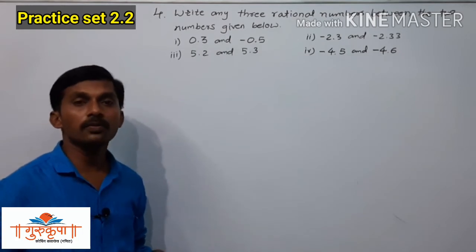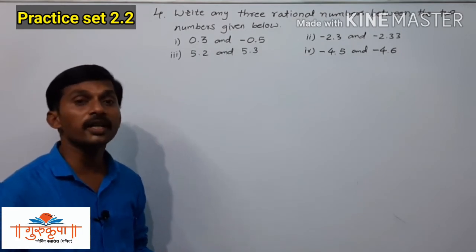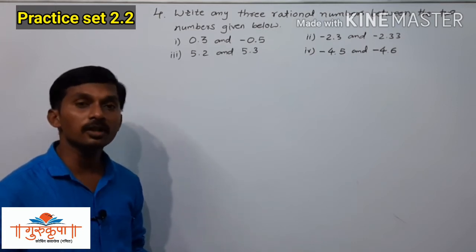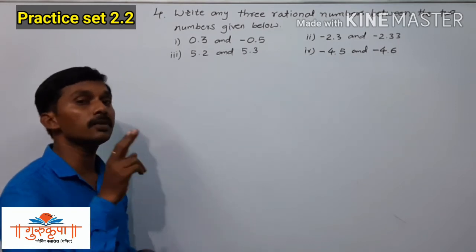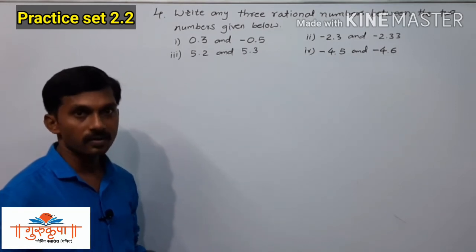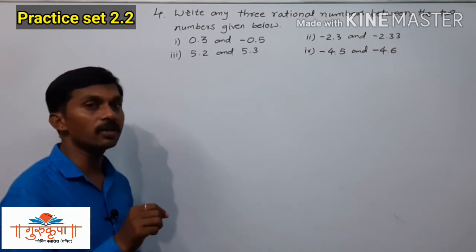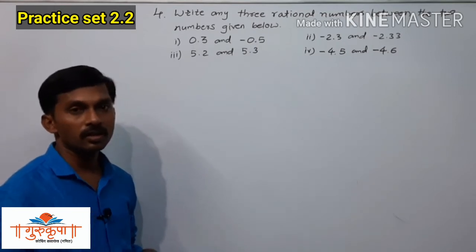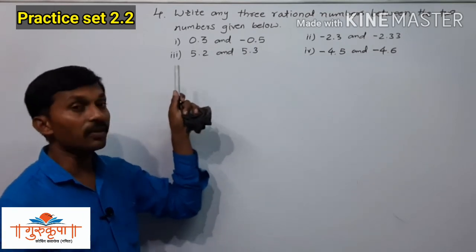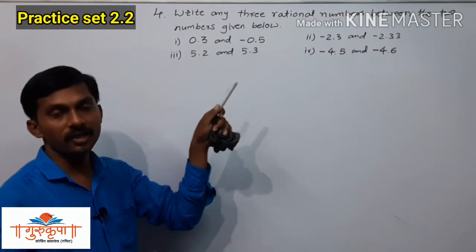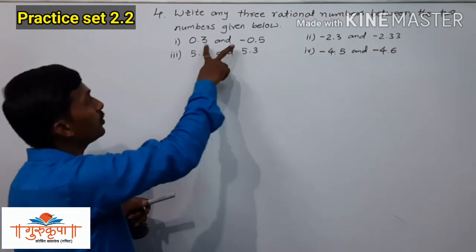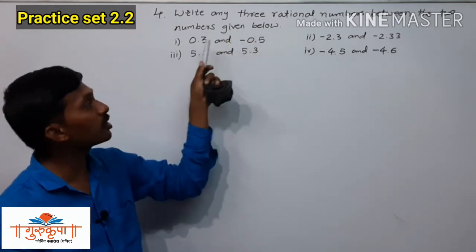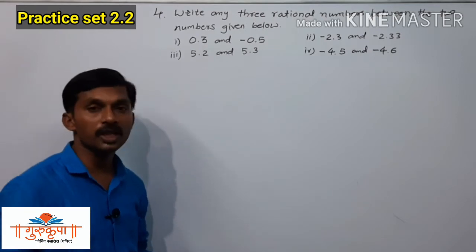As all of you know, there are infinite rational numbers between any 2 given rational numbers. We studied this in the 7th standard, and here we have to write only 3 rational numbers between the given 2 rational numbers.